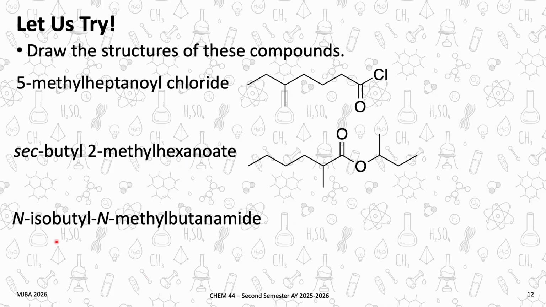Because we see the notation N and N here, that means that the 2 alkyl groups are actually on the nitrogen of the amide. So it is a tertiary amide.